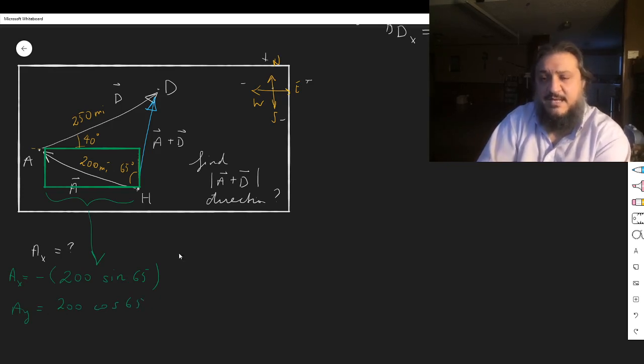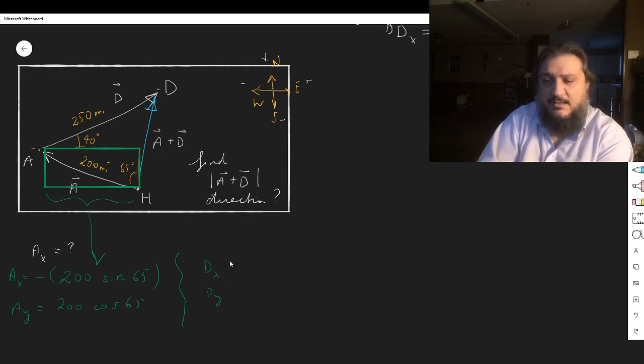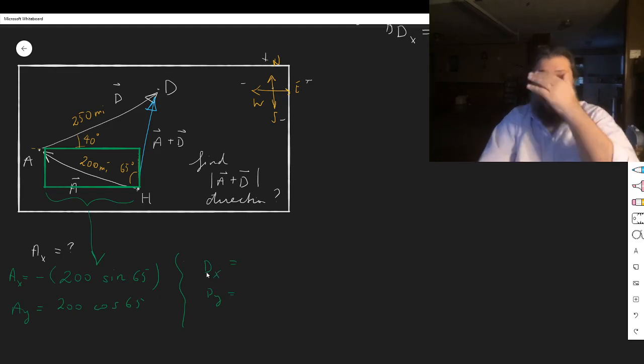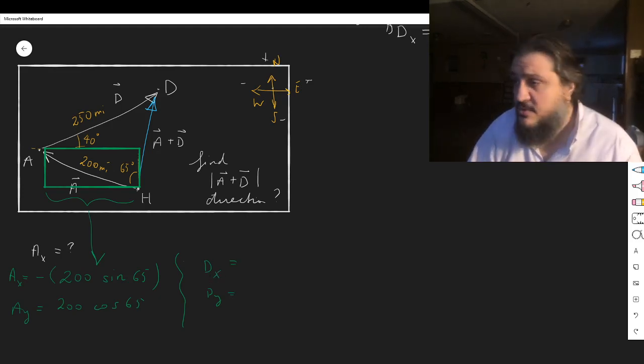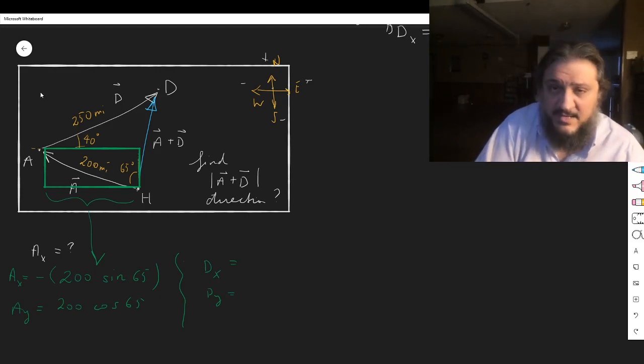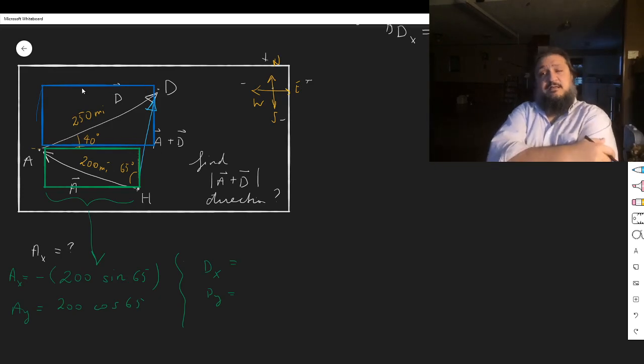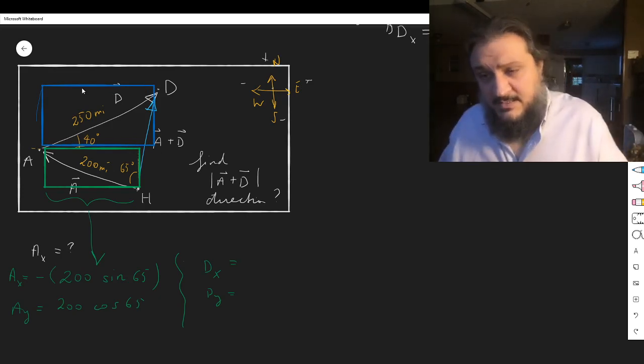Now what about D? Think about D. dx and dy are both positive because D is a vector that points in the first quadrant. Just draw your box around it again. If you're ever in doubt, draw your box around it and identify the sides of that rectangle as your guidelines.